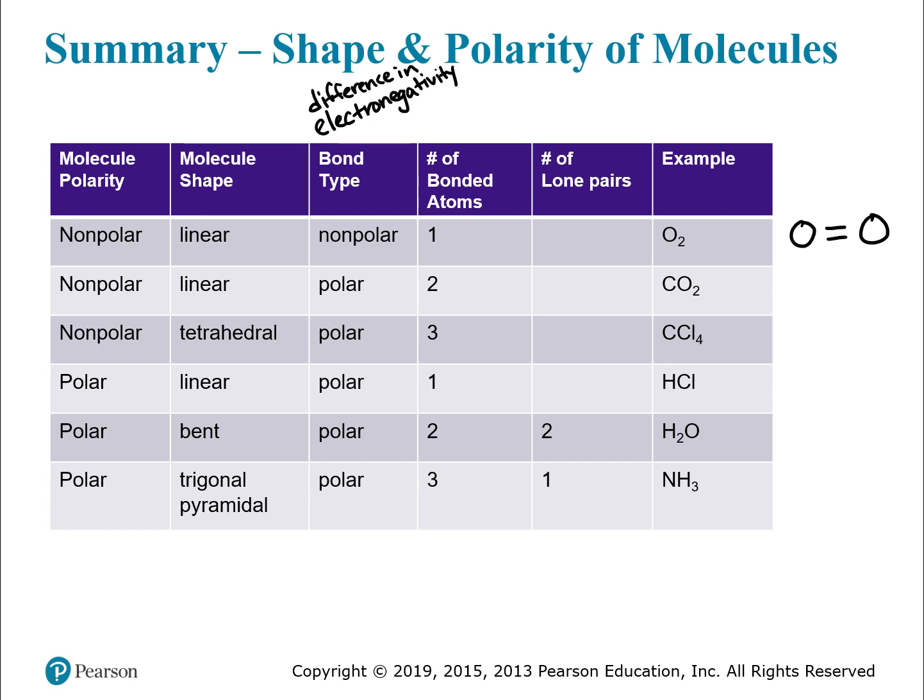Electronegativity is just a way to say how much an atom wants to take electrons from something else. So all of the nonmetals have higher electronegativity than all of the metals because the nonmetals gain electrons to form ions. And metals, they don't really want to gain electrons. They want to give theirs away. So they're going to have lower electronegativity.